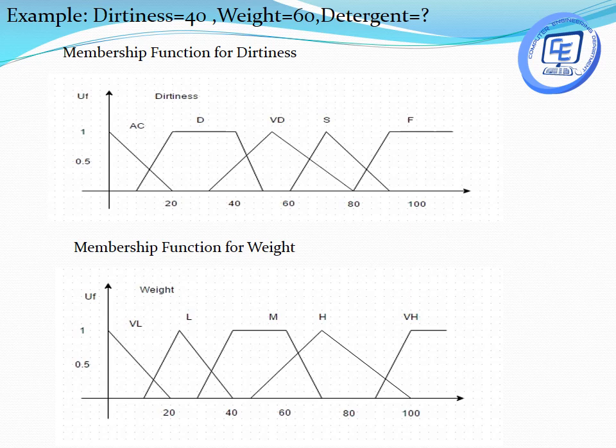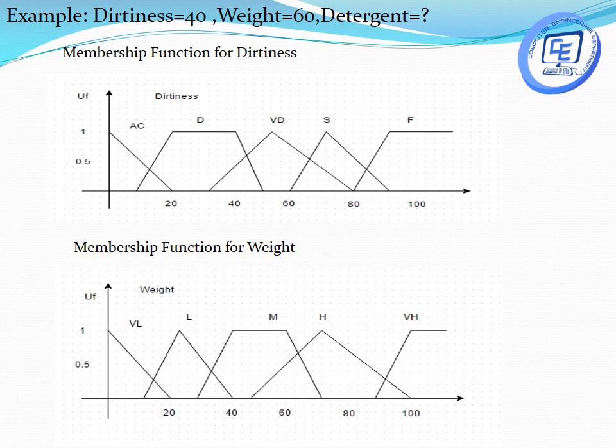So membership function for the dirtiness, as we can see in the diagram, on x-axis we are having elements from 0 to 100. We can take any numbers, and on y-axis we have taken 0 to 1, that is membership function. Membership function on y-axis will always be 0 to 1.